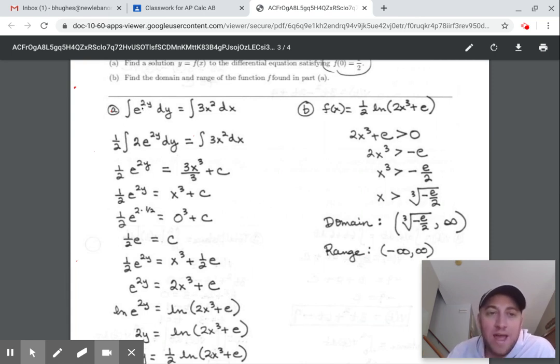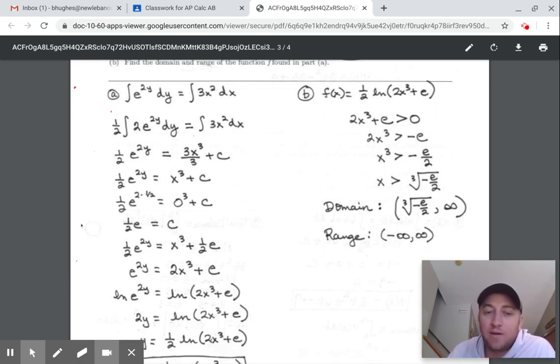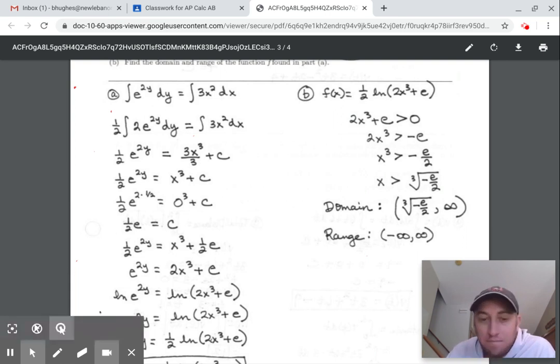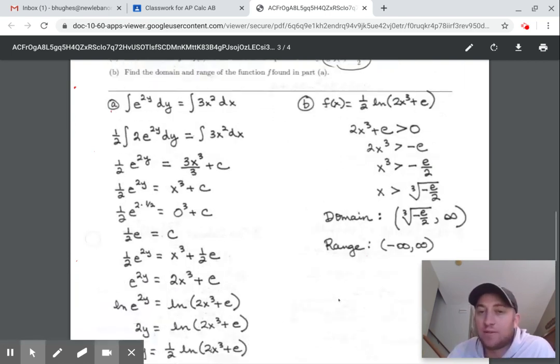Do I have the derivative of 2y showing up with our integrand? No. So I would need to place a 2 there and a 1/2 out front. From there, it's just a matter of integrating both sides, plugging in the value that they gave you, and then going back, rewriting it, and solving for y, and there's our answer.